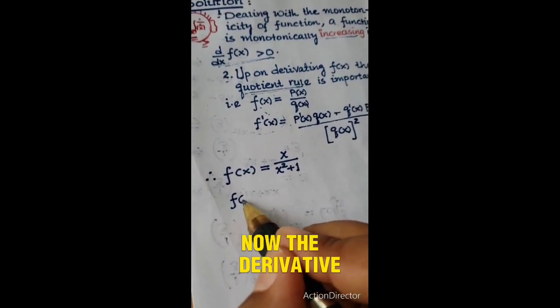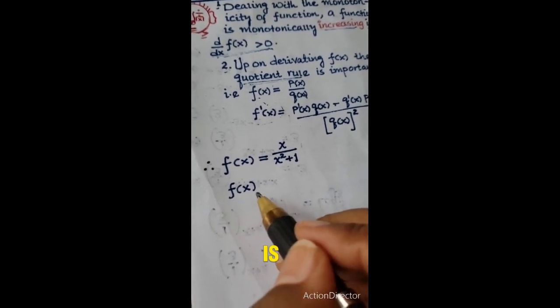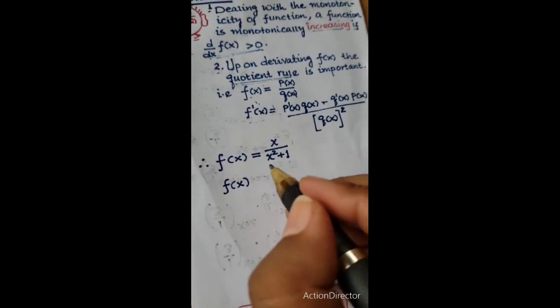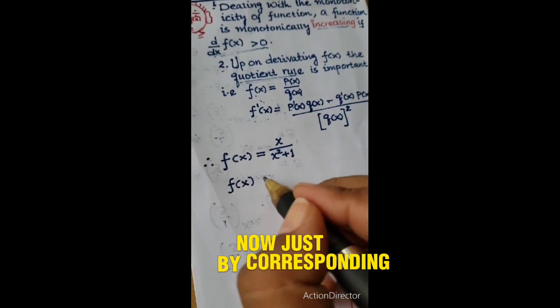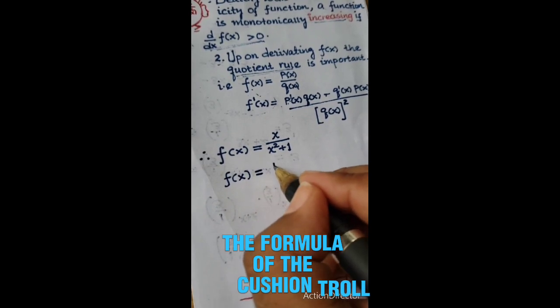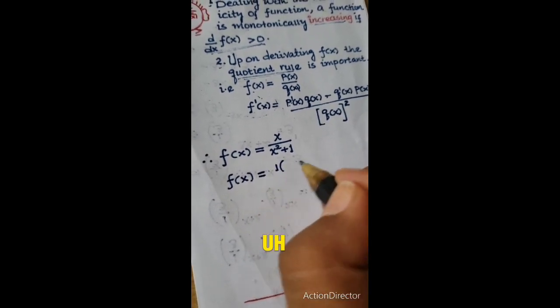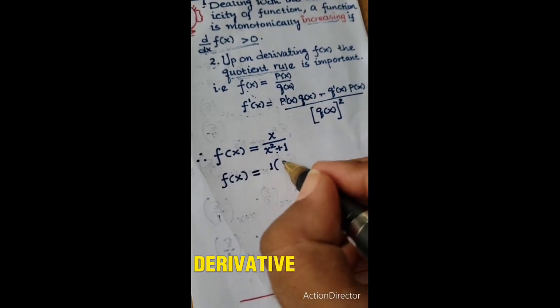Now the derivative of f of x is equal to, just by corresponding with the formula of the quotient rule, first we're going to derive the numerator.